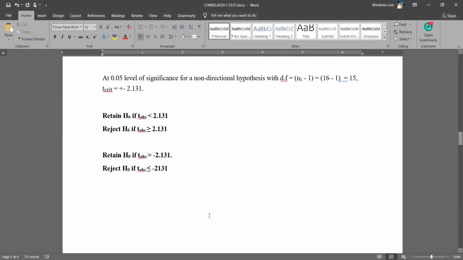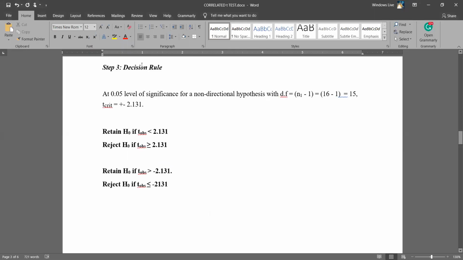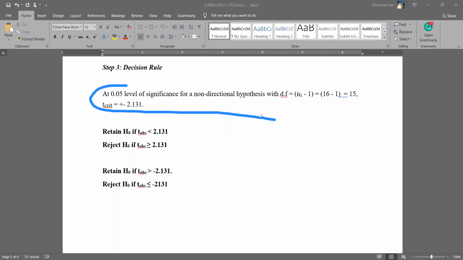So, and I've been saying that first, put your information into writing. Let your reader know how you were able to generate the critical value. And this is how you put it into writing. So the way I've put it into writing, I'm telling my reader that my level of significance is 0.05.